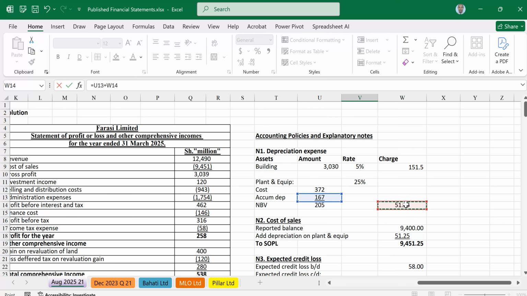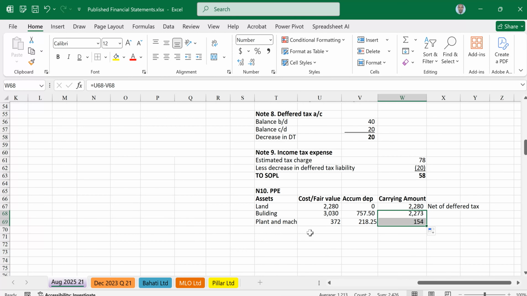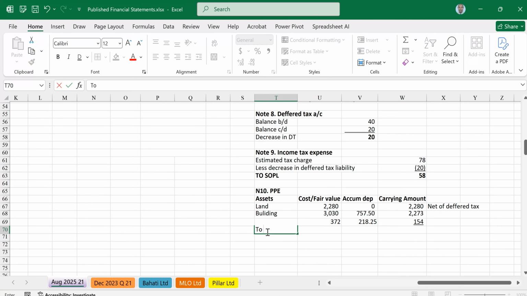So the total accumulated depreciation will be 218.25. Then the carrying amount is what remains. That is the PP movement schedule. Then this will go to the statement of financial position.